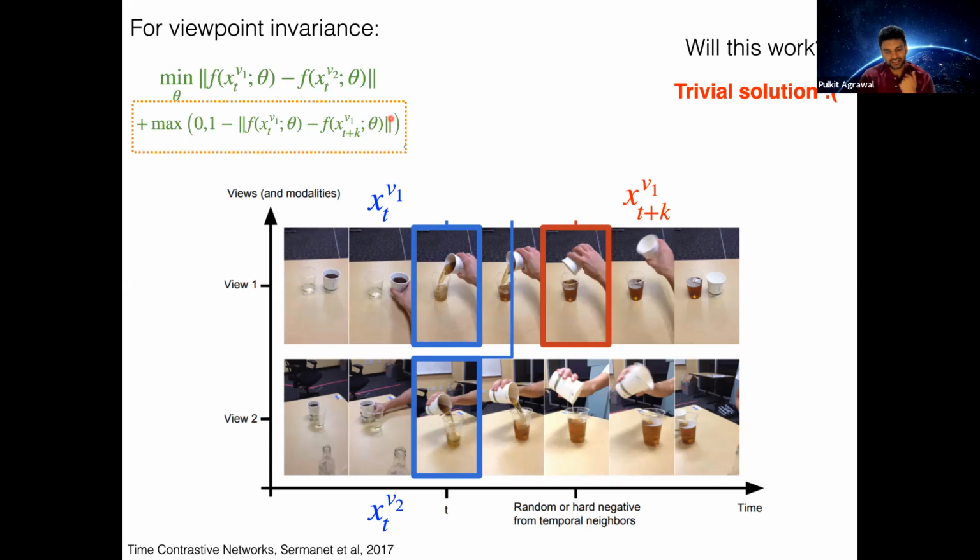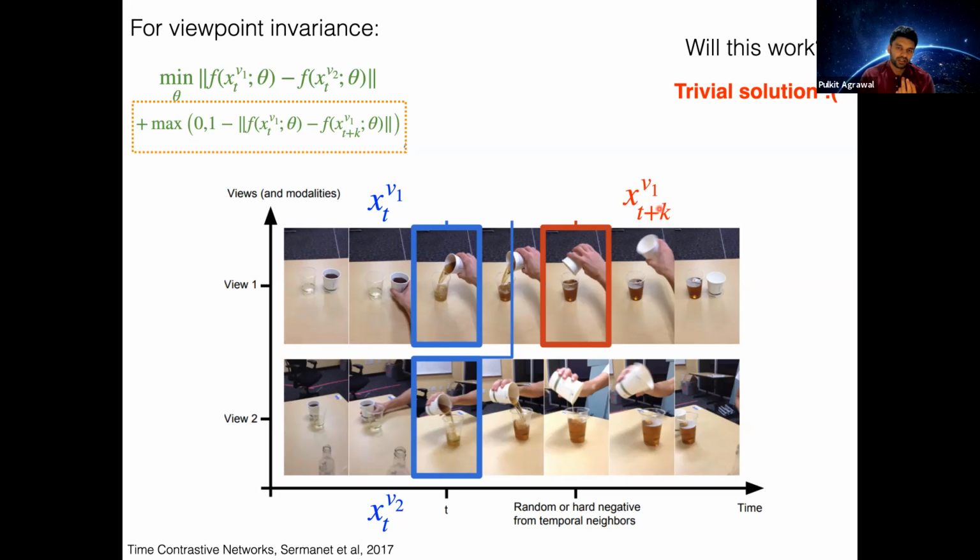So to force this loss function to not have a trivial solution, we're going to add a penalty term. What this penalty term is going to say is that the representation of an image at time point t should be different than the representation of the image at time t plus k.